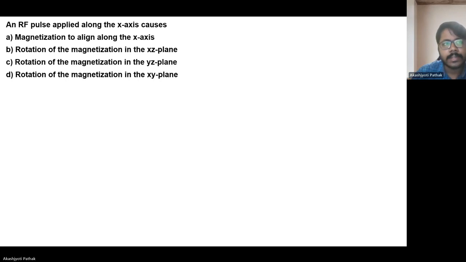Your rest of the fingers are placed along the equilibrium bulk magnetization. So you are orienting your right hand thumb along the x-axis.